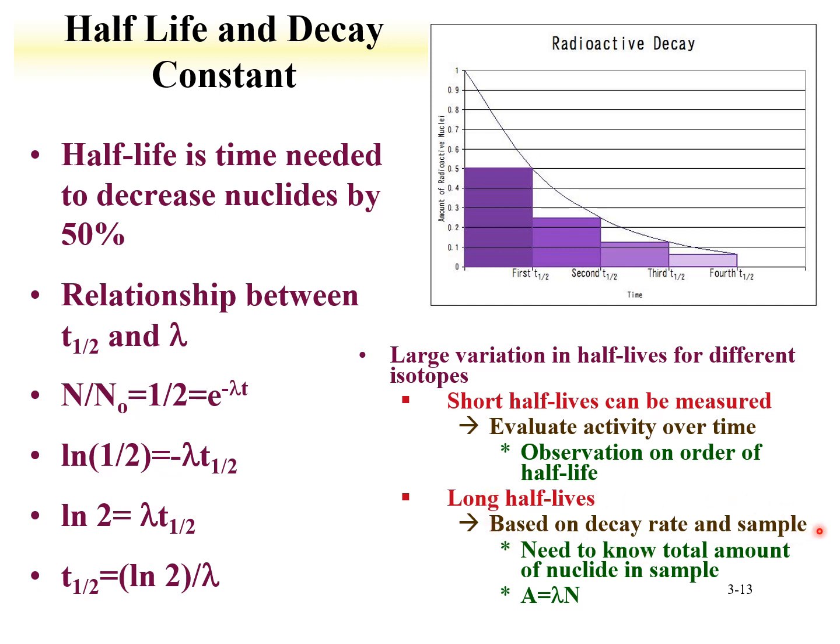If it's a long half-life, and basically the rate isn't going to change over my measurement period, so imagine something with 10,000, 100,000 years, something like on the order of plutonium-239, around 20,000 years. This is based on the decay rate in the sample, so I need to know the total amount of a nuclide in the sample. So if I had some plutonium-239 and I weighed it, and I got N, and I got the activity of that N, well, I could solve for the decay constant, and then when I get the decay constant, I know that the decay constant is equal to log 2 divided by the half-life. I've measured the half-life.